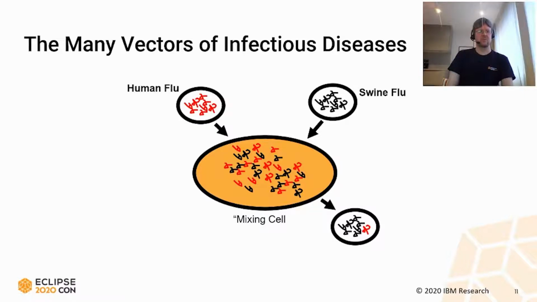And although it's not yet fully confirmed, there's also a theory that the novel coronavirus may have spread from other animals in China and then started to infect humans.